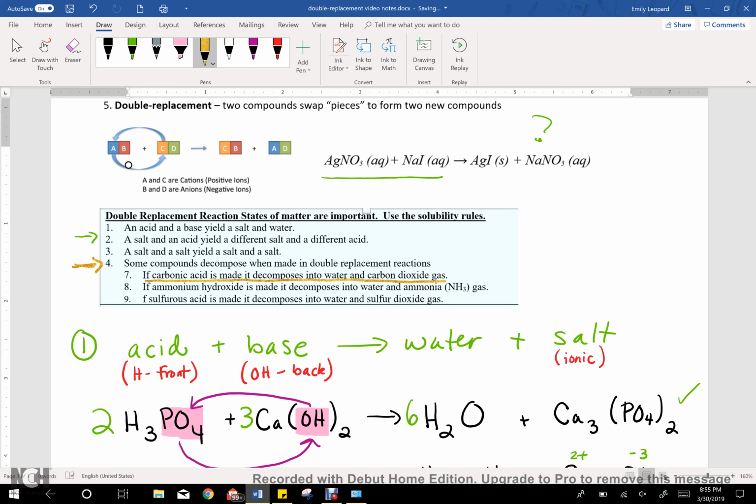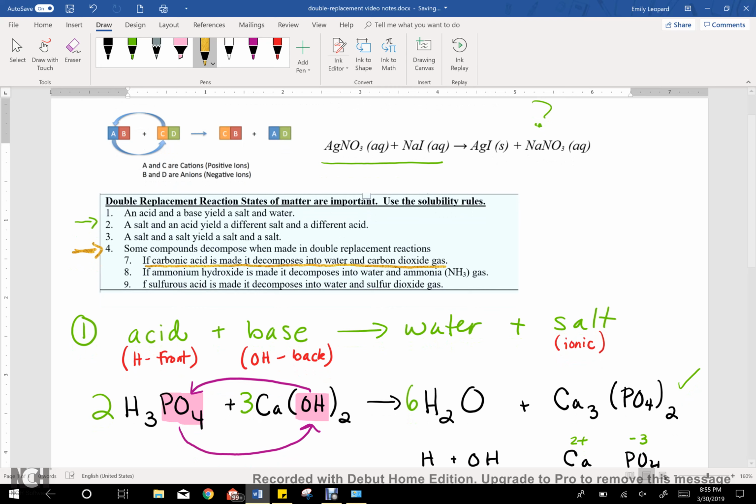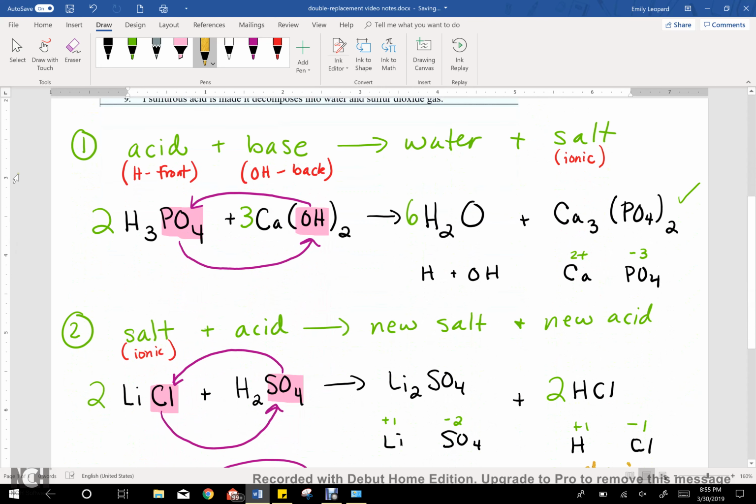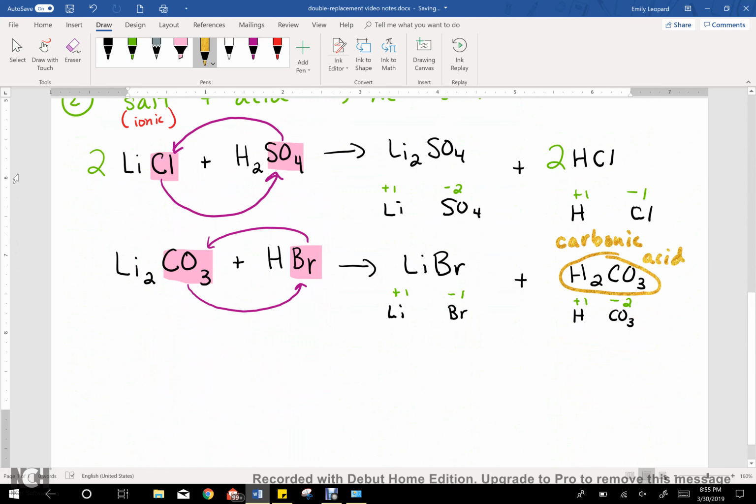Okay. So what that's telling us is that if one of our products happens to be carbonic acid, which it was, it will further decompose, or aka break down, into water and carbon dioxide gas. Okay, so we just want to be aware of that. And so instead of leaving our product just as H2CO3, we'll acknowledge that it's further broken down into water and carbon dioxide.